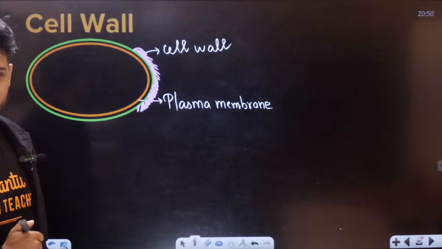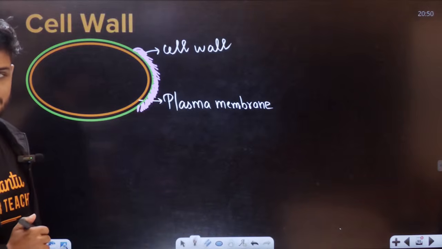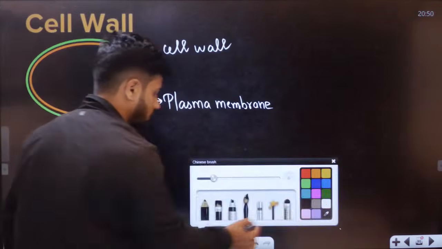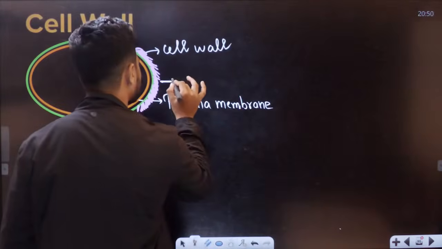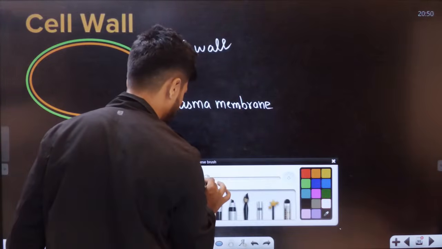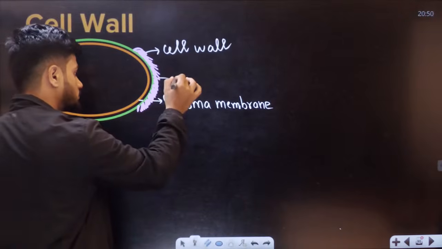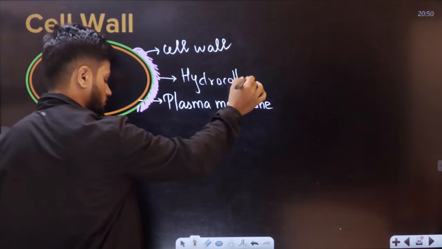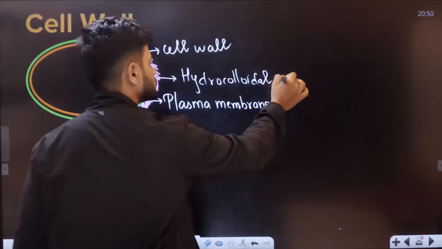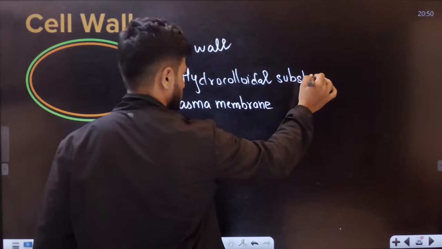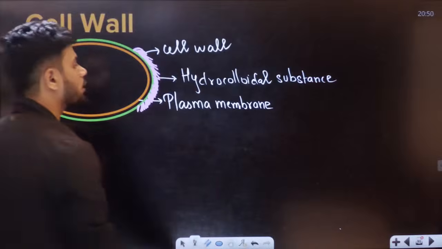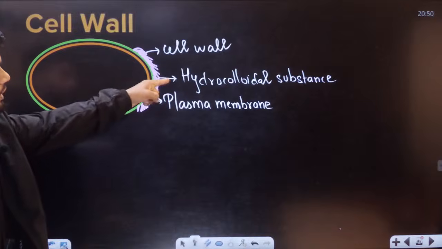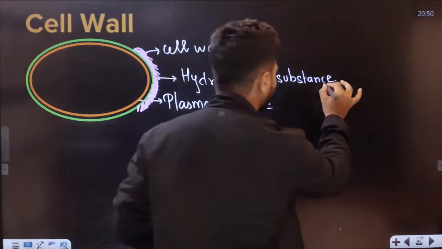Tell me, Darshini, tell me the answer. This moisturizer is called a hydrocolloidal substance, students. Now, what is this hydrocolloidal substance? It is basically a chemical deposition.